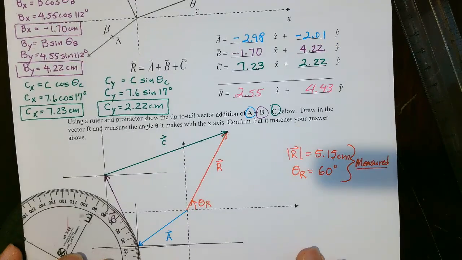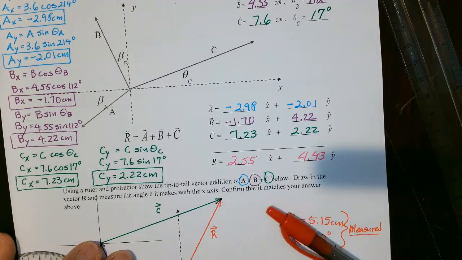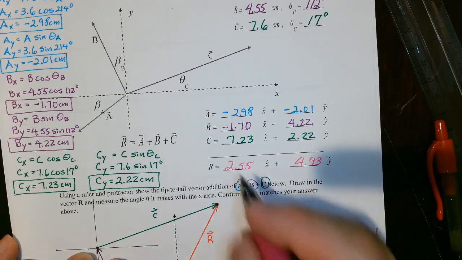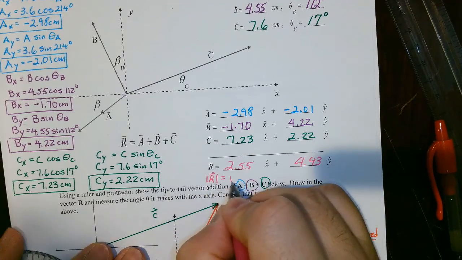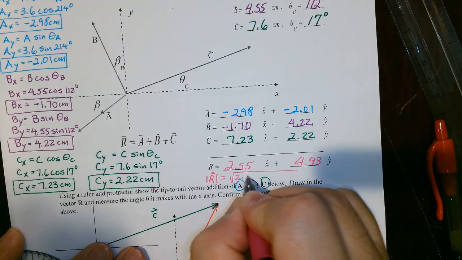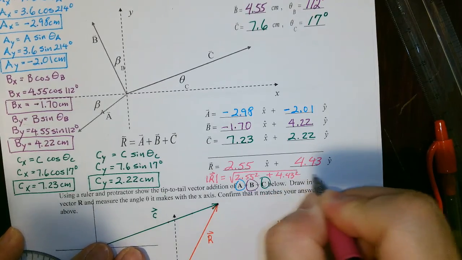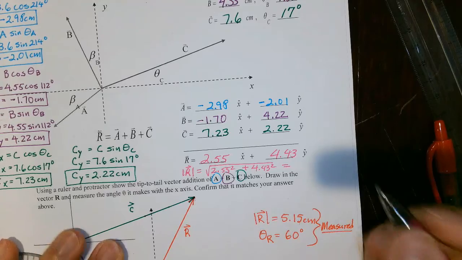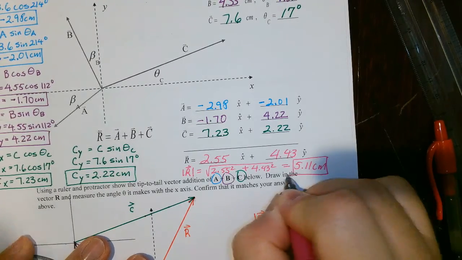All right. So if we were to calculate this, my resultant magnitude comes out square root of 2.55 squared plus 4.43 squared, and I get 5.11 centimeters, which is pretty darn good.